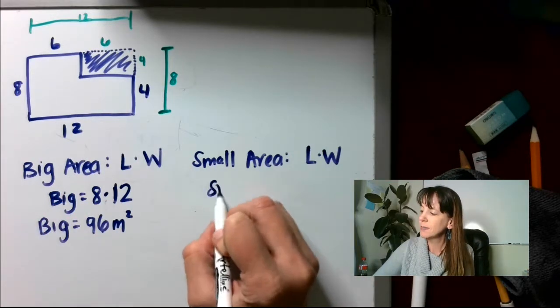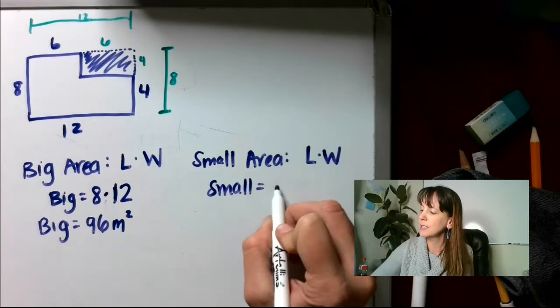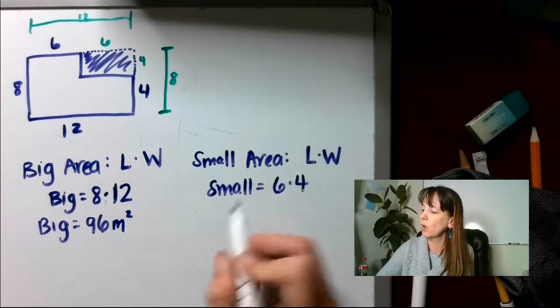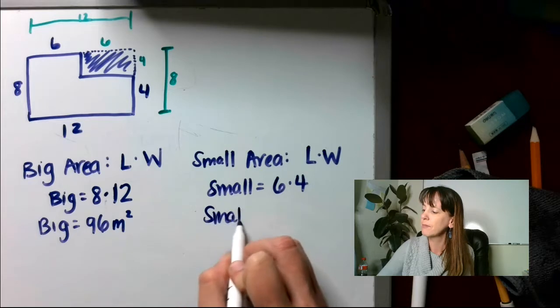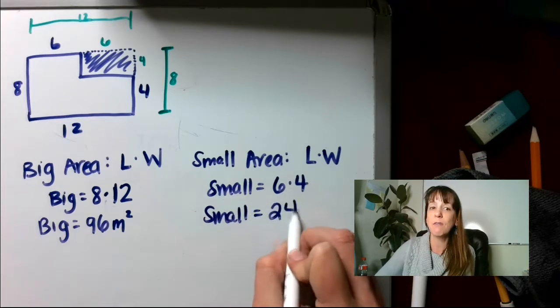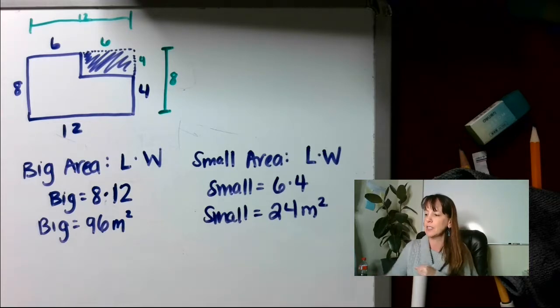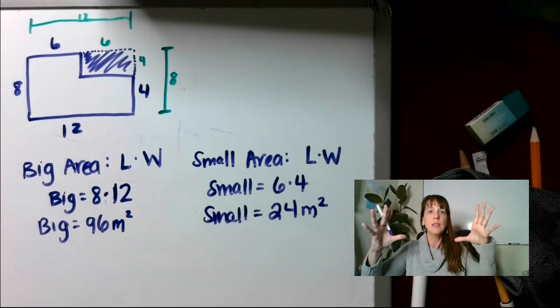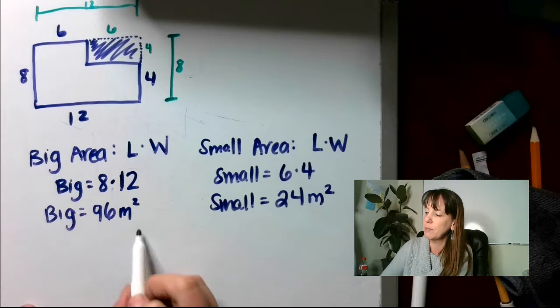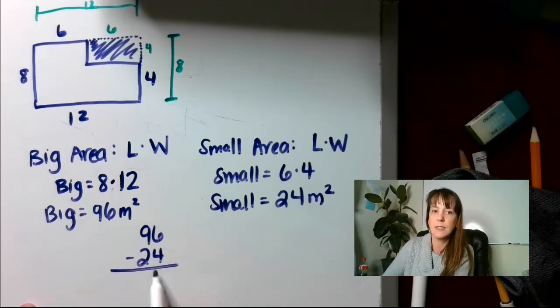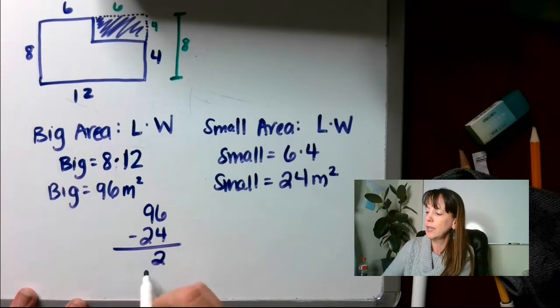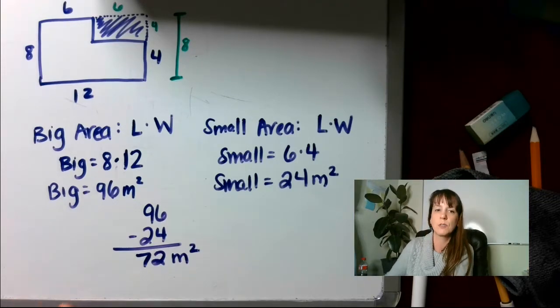So small equals 6 times 4, which means small equals 24 meters squared. So when we're talking area, make sure you've got that squared in there. All right, so now we have the big, we've got to minus the small, right? That's our pattern here. 96 minus 24 gives us 72 meters squared.